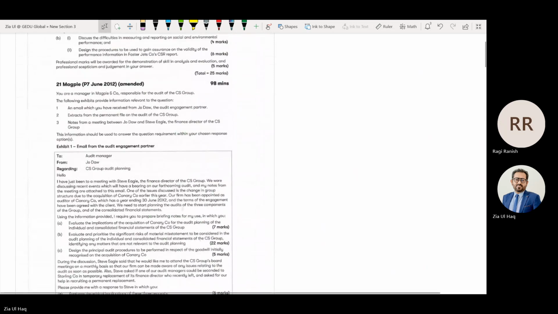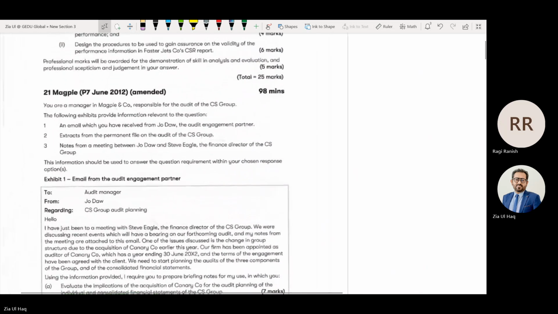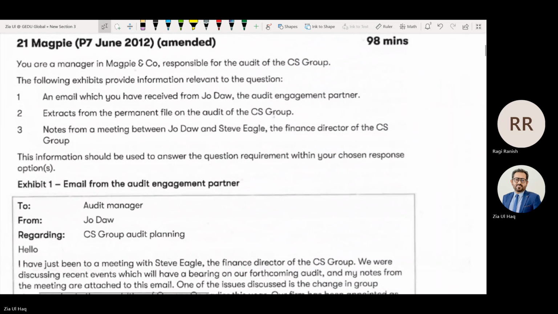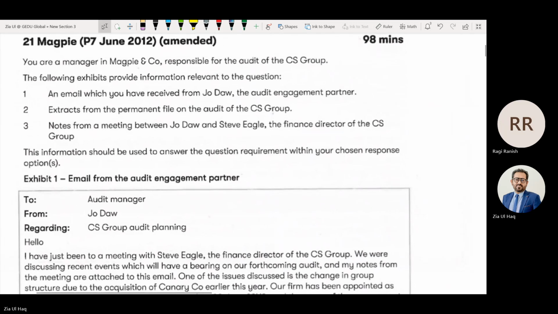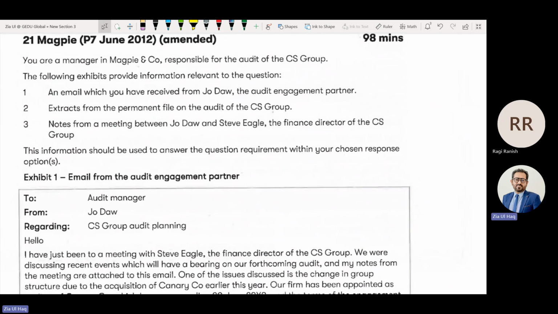Magpie. To me, this is the most difficult question ever appeared in the AAA paper, where students struggled while sitting in the exam center because the requirements were a little bit confusing, harder than the blue belt.